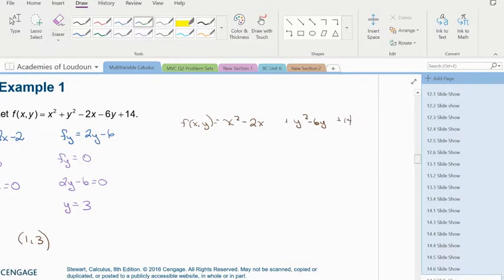We take negative 1 squared, so that's going to be plus 1. Take negative 3 squared, we're going to add 9, and so we need to subtract 1 and subtract 9. And so we end up with f(x, y) is going to be (x minus 1) squared plus (y minus 3) squared plus 4.